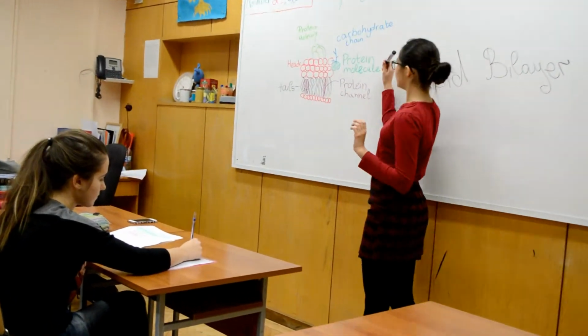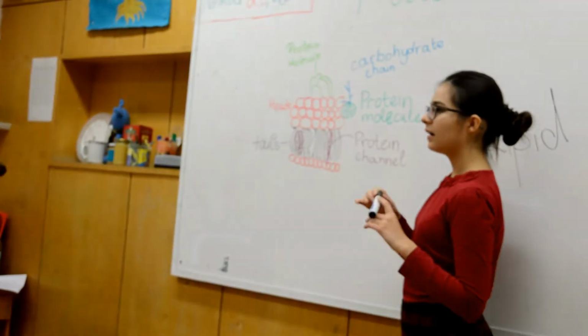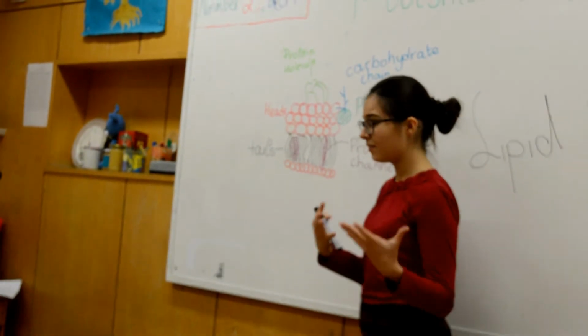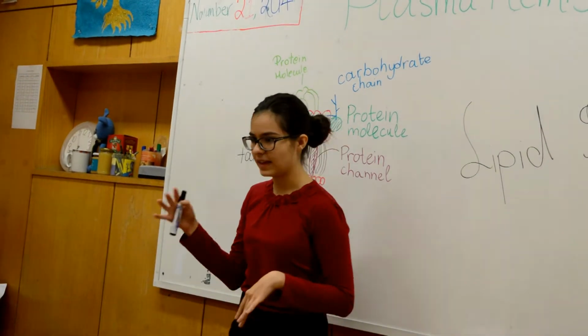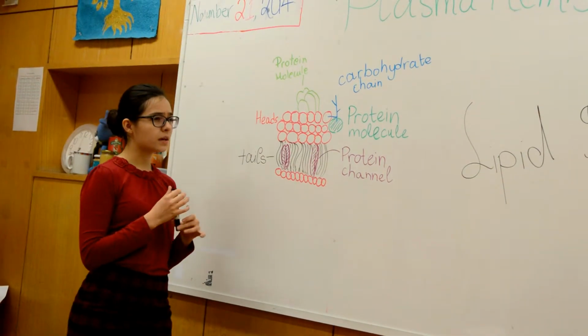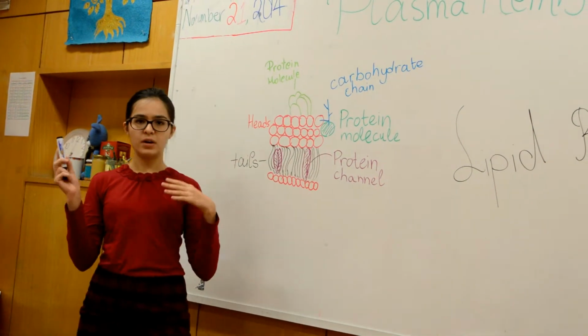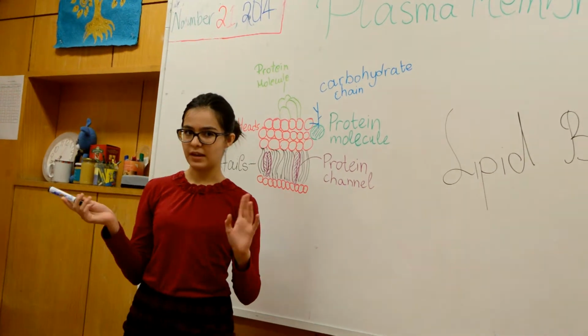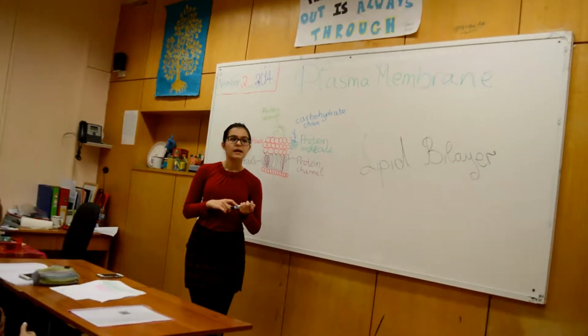And the carbohydrate chains serve as identification cards of the cell, so they allow the cell to communicate with other cells.